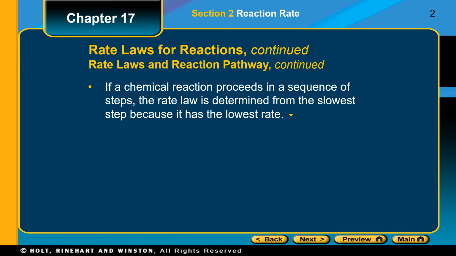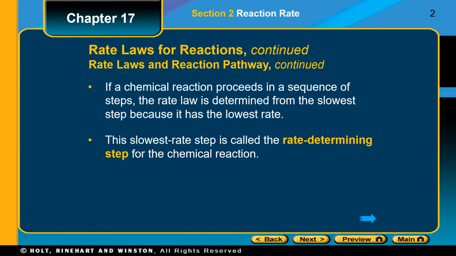And what we've learned is that if a chemical reaction proceeds in a sequence of steps, the rate law is determined from the slowest step because it has the lowest rate. So even though we have written one we think might be for the overall, technically what we have written is just for the slowest step.